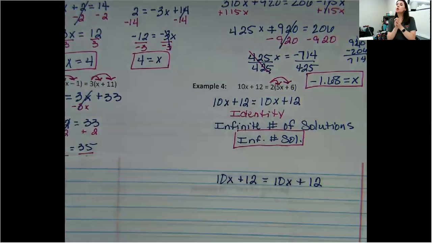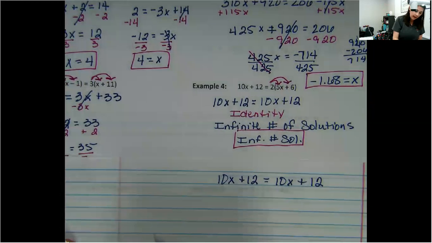Your goal in solving equations is to figure out what x is, so that when you plug x back into the equation, you remember how we checked equations, to make sure the left side matches the right side.